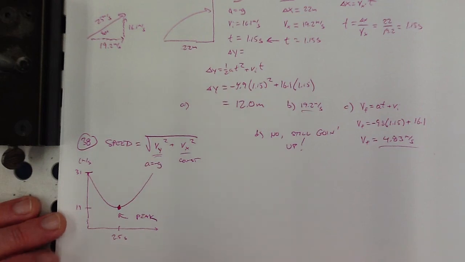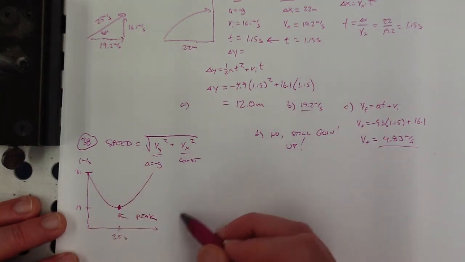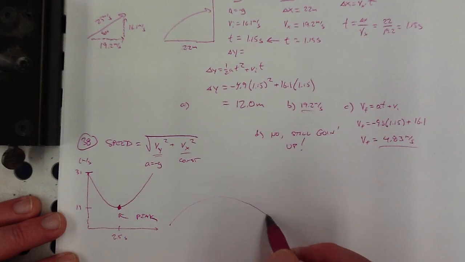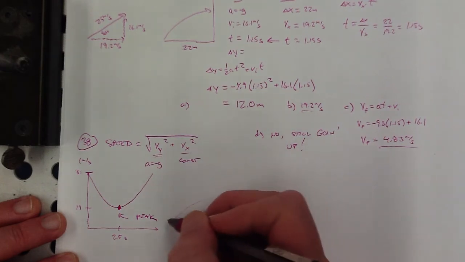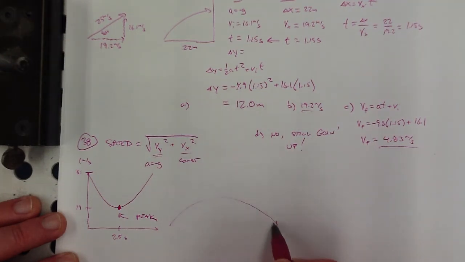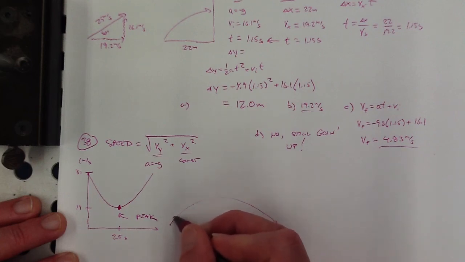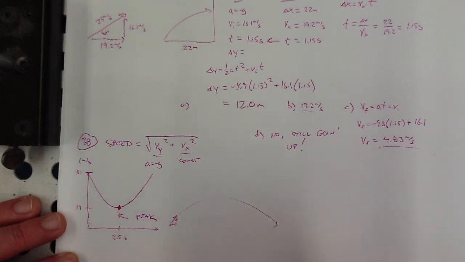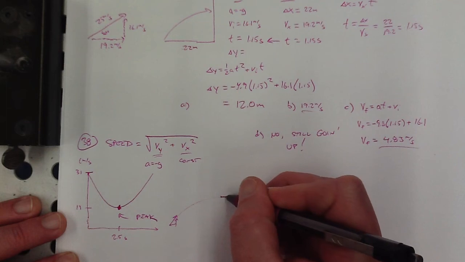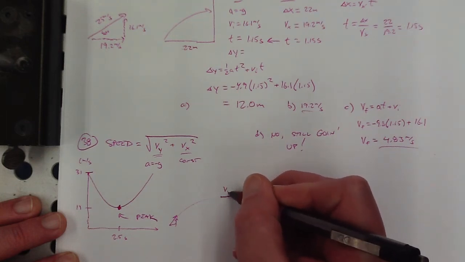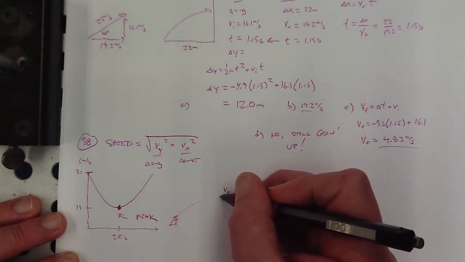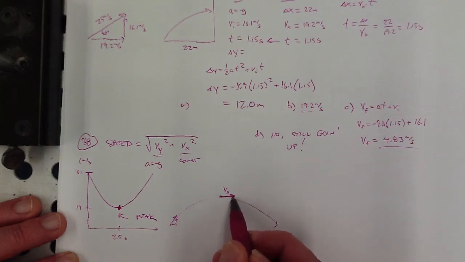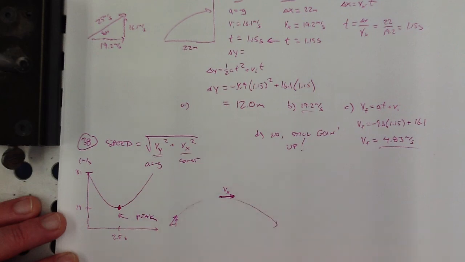Now, how do I know that? Because when the golf ball is doing its trajectory like this, at all of these points you're going to have a horizontal component and a vertical component of the velocity, except for right here at the peak where it's only horizontal. It's the only place where that horizontal tangent line to the path happens.